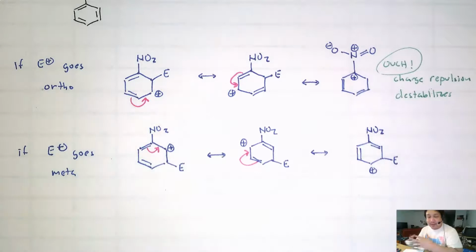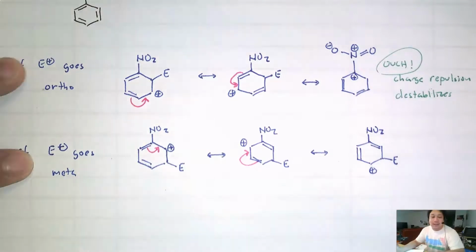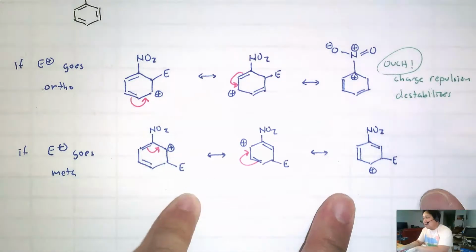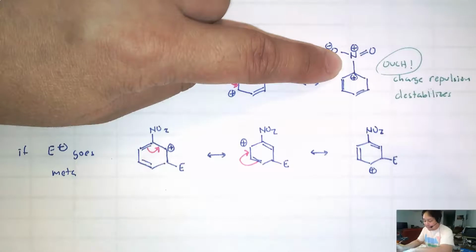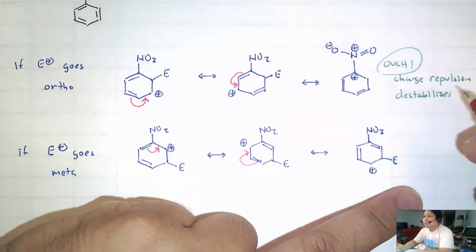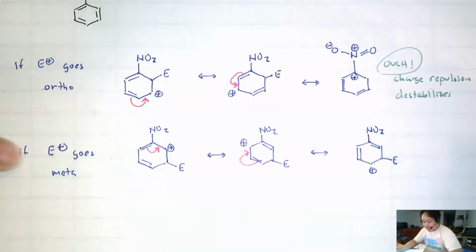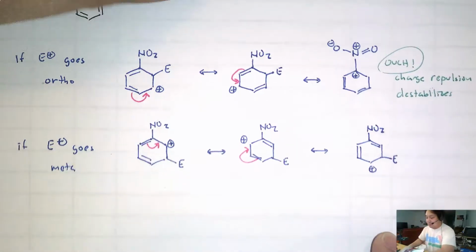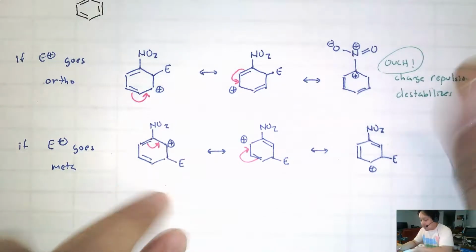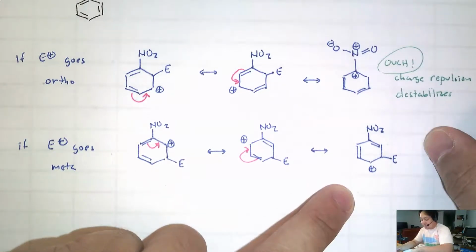We're looking at it as a positive. Here we're picking the lesser of two evils. This is less destabilized because we never have this situation here. So we could say it's less bad, or ultimately this is the winner, right? The meta position. But how do you want to write this? There's no charge repulsion.